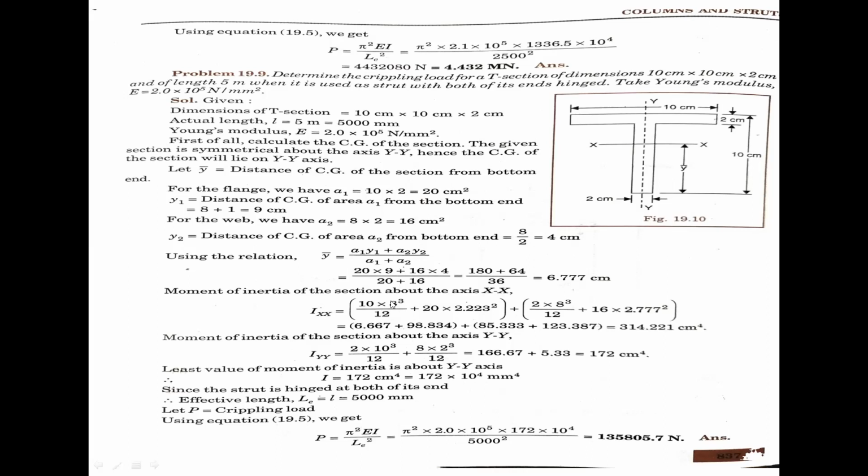These values are substituted in this formula: 10 into 8, that means BD cube by 12, plus 20, that is A1, into (y bar minus y1), which gave the value 2.223 whole square, plus DB cube by 12, plus 16, that means A2, into (y bar minus y2).